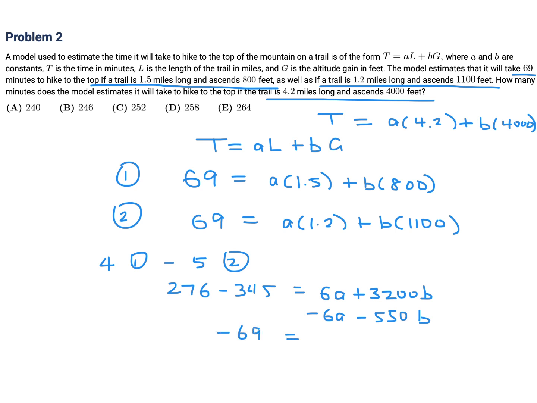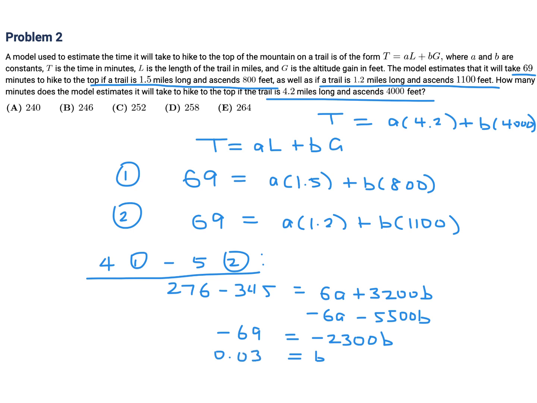I'm intentionally doing this to ensure that one of those variables cancels. And that's minus, hold on here. What did I do? Sorry, there's one more zero. Good thing I caught that. 2300B, and then B becomes 0.03.